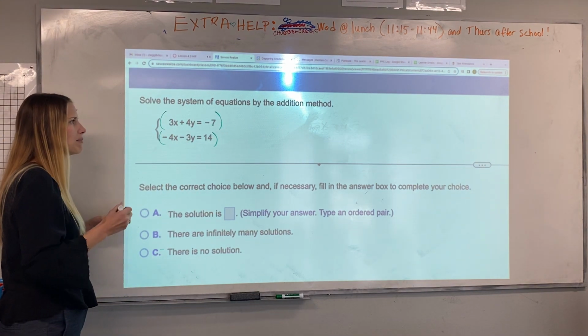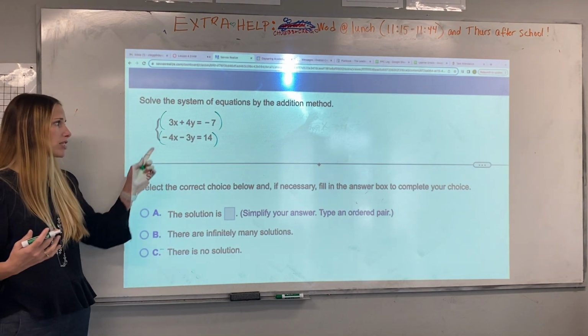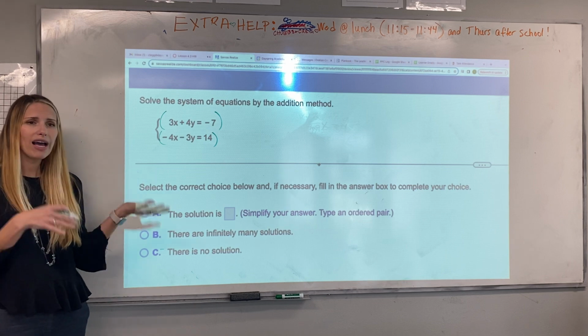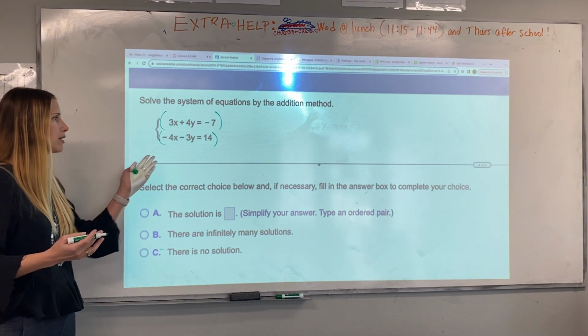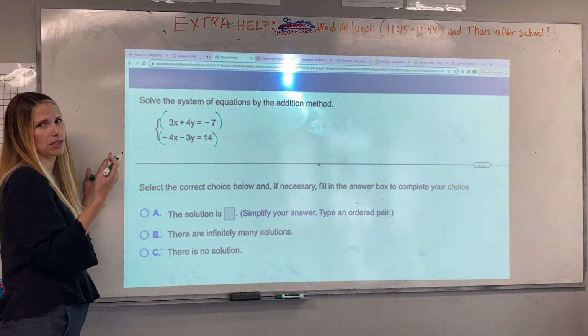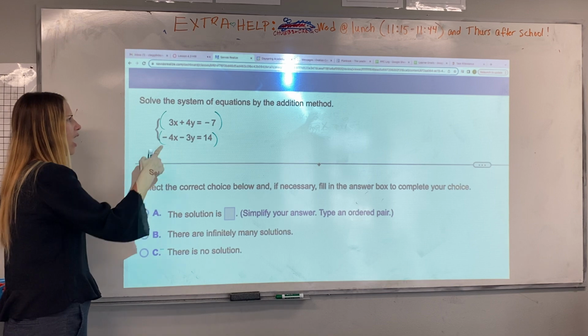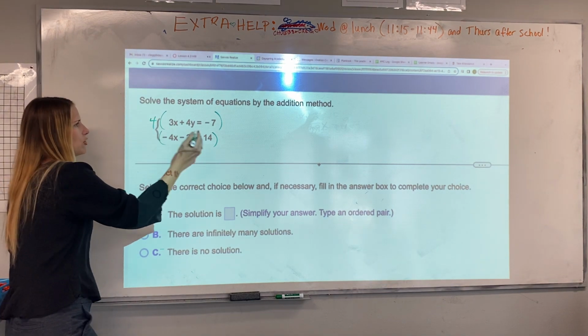Each equation in the system needs to be multiplied by something so that you can cancel out one of your terms. It really doesn't matter. You can choose to cancel out your x terms or your y terms. Here, we can choose either one. Let's say we're going to cancel out our x terms, because it comes first, it's easier. I'm going to multiply this times 4 to get it to be 12x.